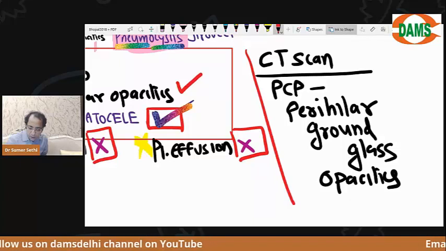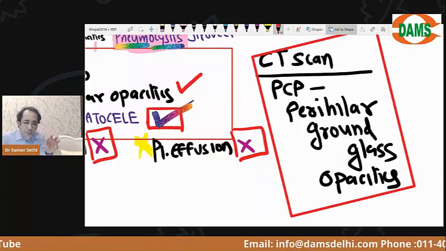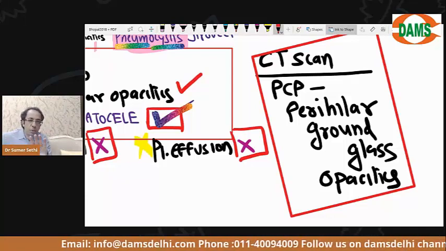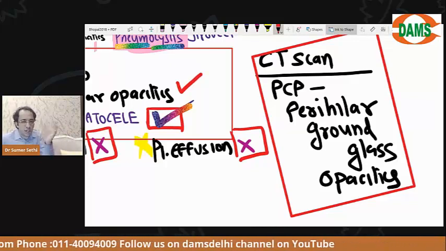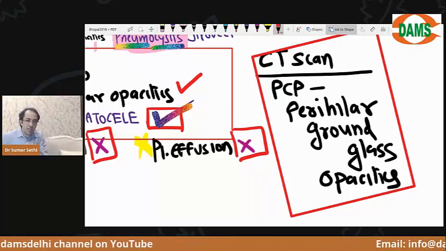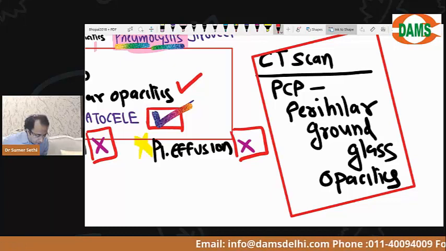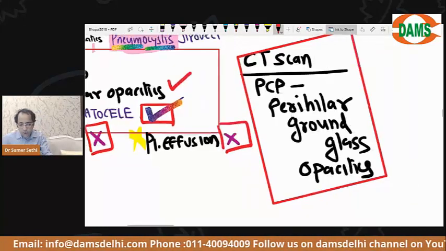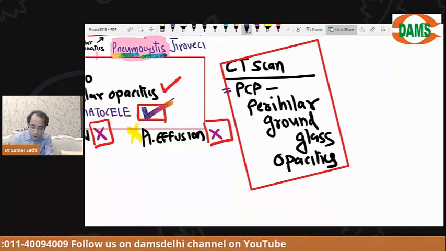Ground glass means that if on a CT scan the disease is not as white as pneumonia nor as black as air, less dense than pneumonia but denser than air, we say ground glass. So we use the word ground glass opacity. Pneumatocele means air-filled cyst.